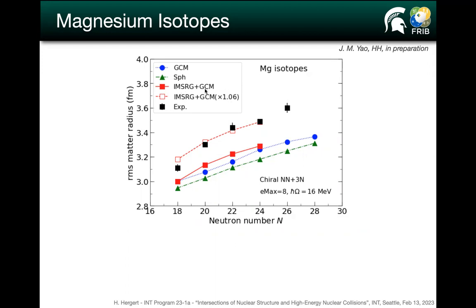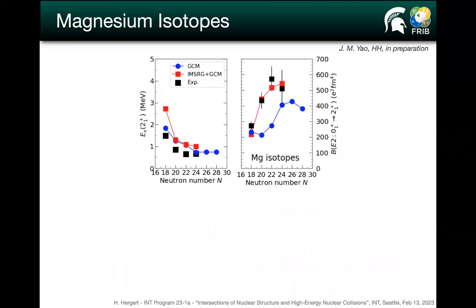What you get in the IMSRG in medium GCM, so this is still under its old name, you can actually get the trends of these RMS radii pretty well with the GCM method. You underpredict the radii by about 5–6%, but that is a feature of this particular chiral Hamiltonian that is used here. So it's known that it gives excellent binding energies, but the nuclei turn out a bit too small.